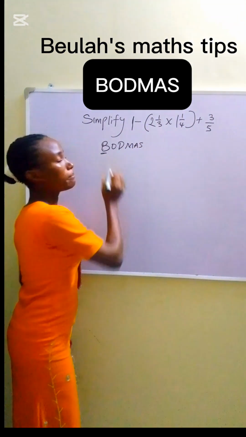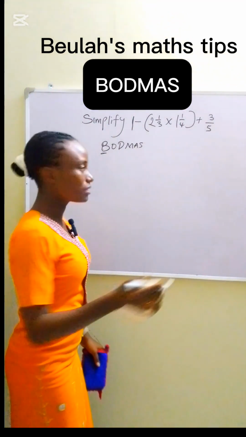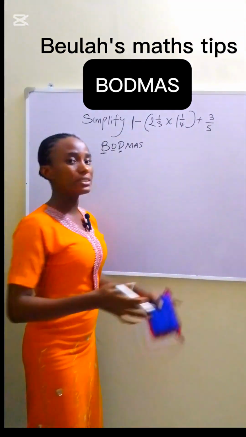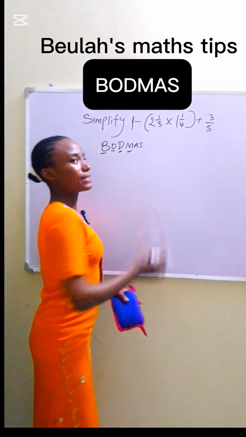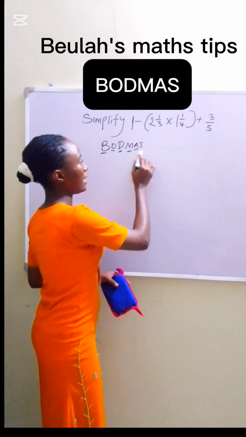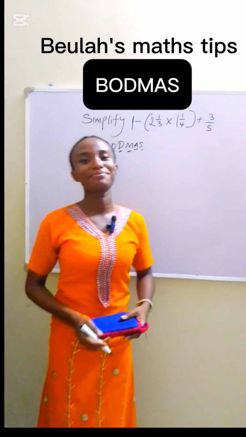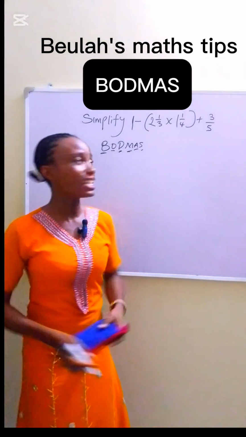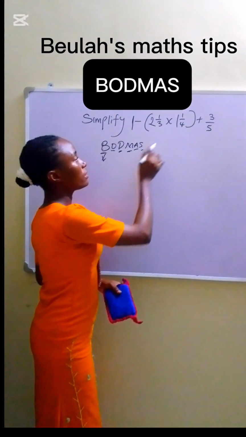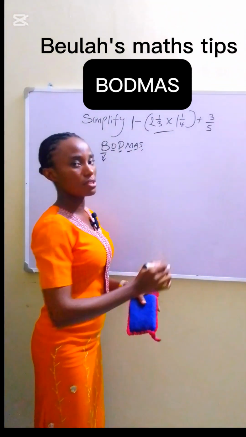BODMAS means: B stands for bracket, O stands for of, D stands for division, M stands for multiplication, A stands for addition, and S stands for subtraction. Do you understand that? So we are taking it gradually, step by step. Meaning that if you see B, you solve B first.